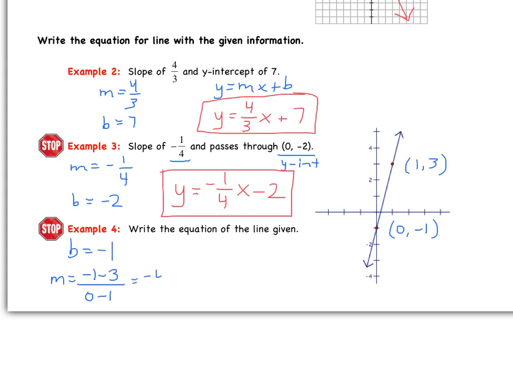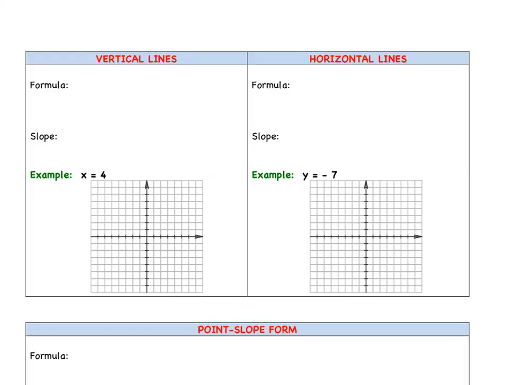We get negative 4 over negative 1, and we always simplify, so we get a positive 4 for our slope. Now we have all the pieces of information we need to write our equation, so let's do that. We get y equals 4x minus 1. Alright, let's move on.